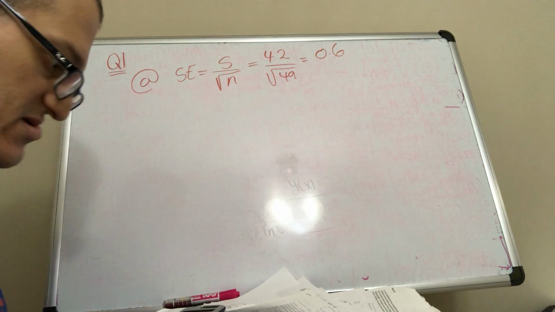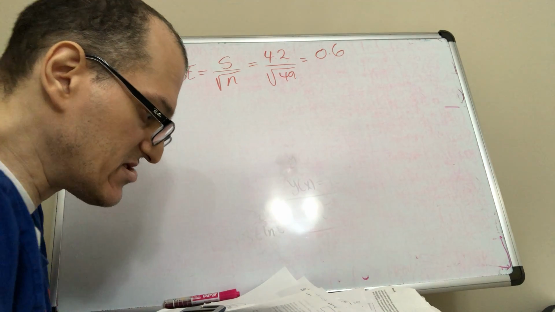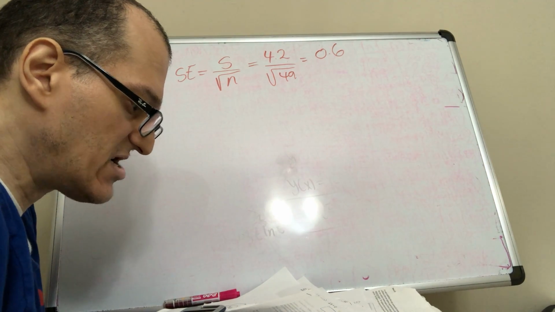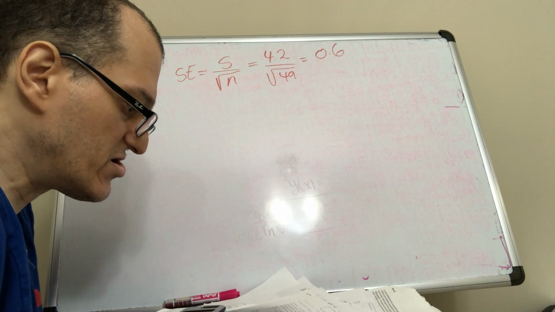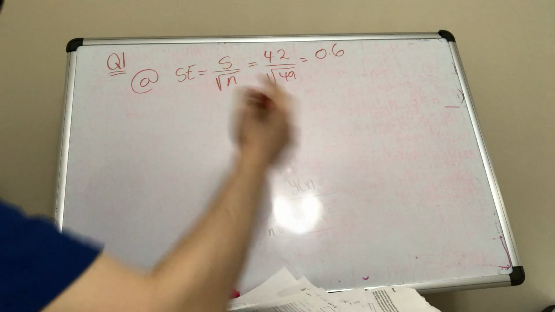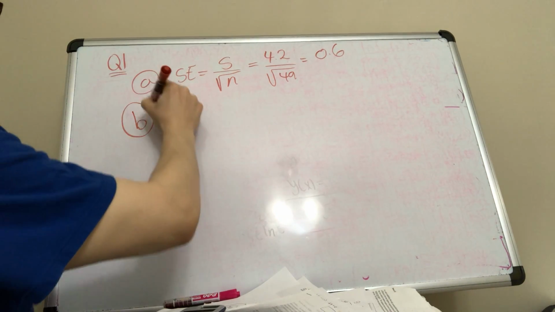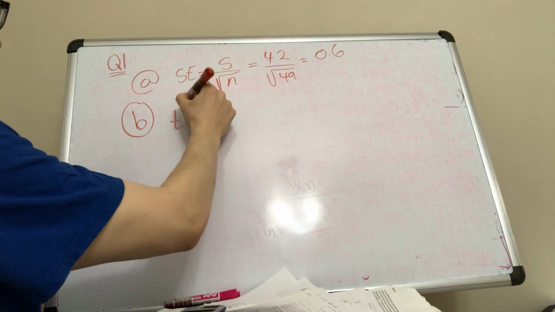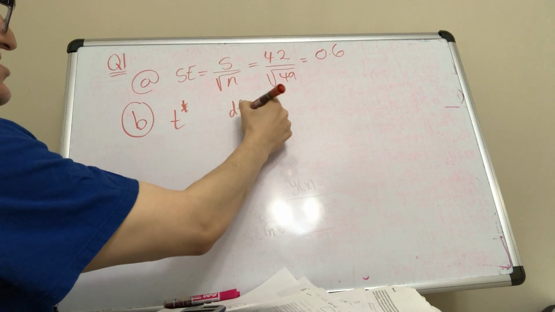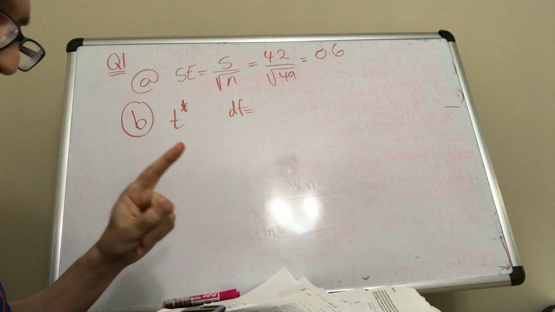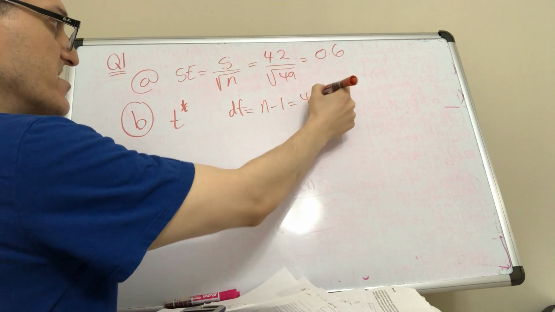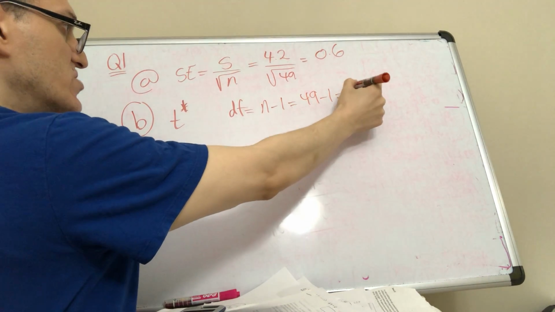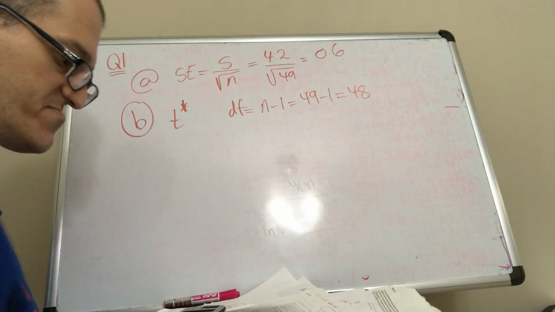From your text, find the t-star value at 99% confidence interval for all women. So first of all, to find t-star, we need degrees of freedom. And this is one sample only, so it would be n minus 1, 49 minus 1, 48.